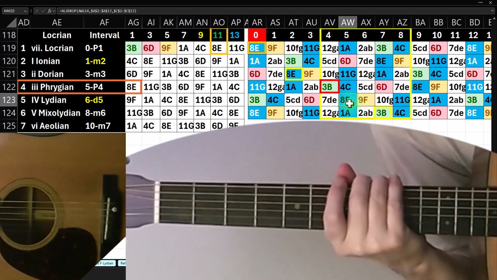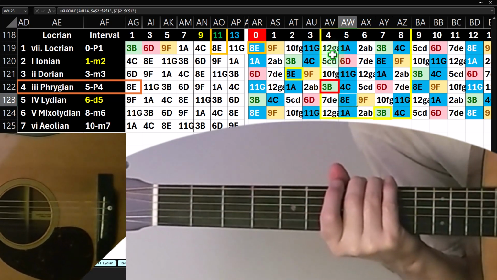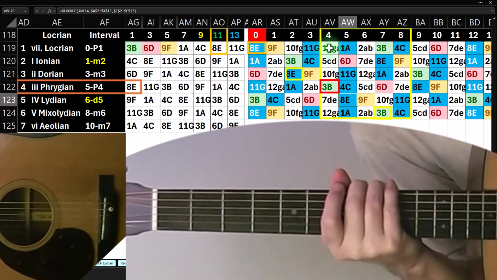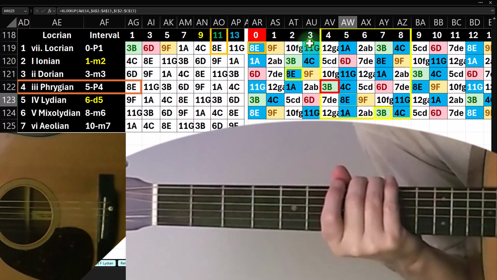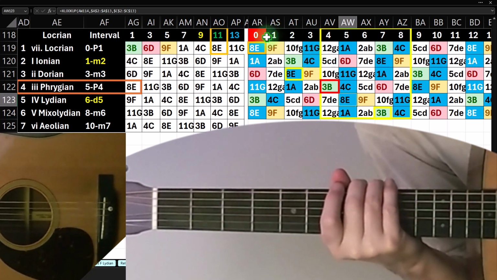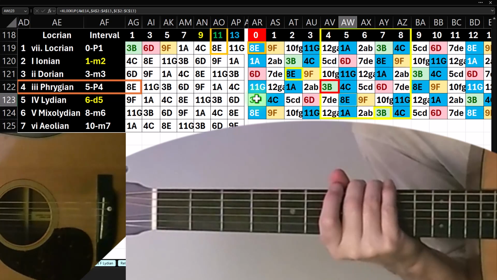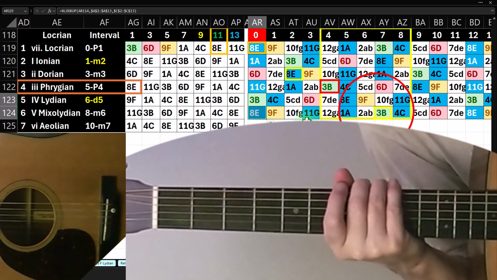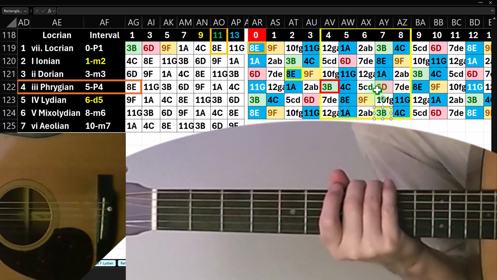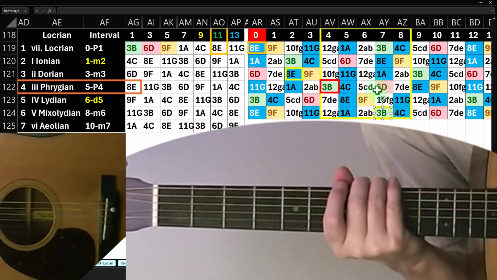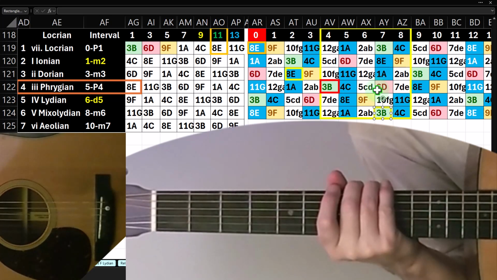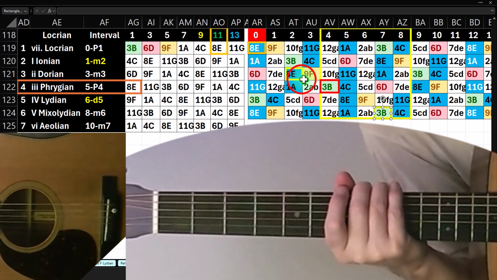So the rule would be that if I go up 3 strings, the 5 note away perfect fourth or 5 note away perfect 11th is going to be 1, 2, 3, 4 frets back unless I cross the fault line, which would happen on the bottom 2 strings, the B and the E string, in which case the 5 note away perfect fourth, which could also be called the 5 note away perfect 11th, is only 3 frets back.